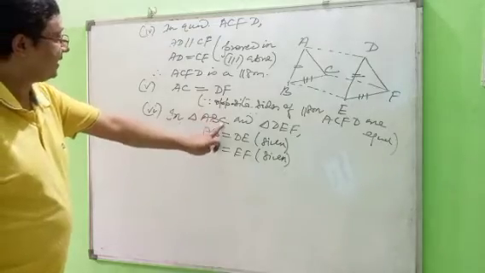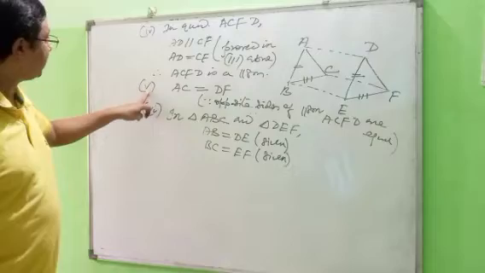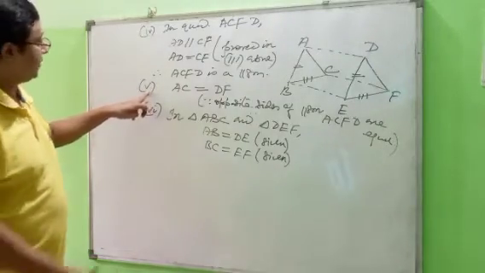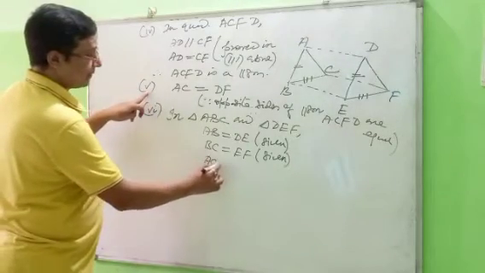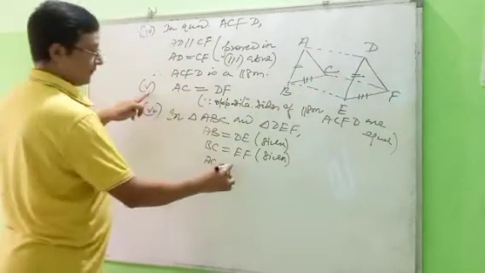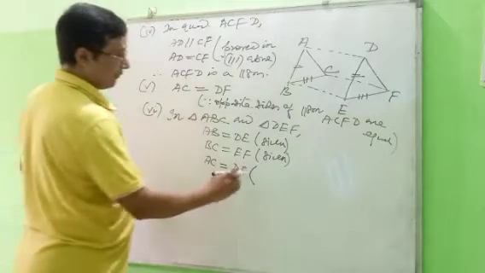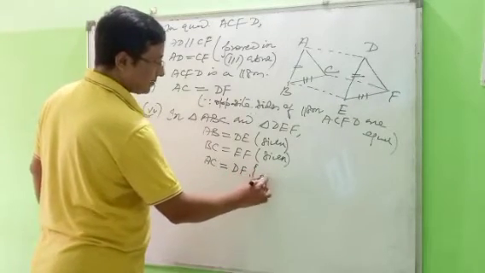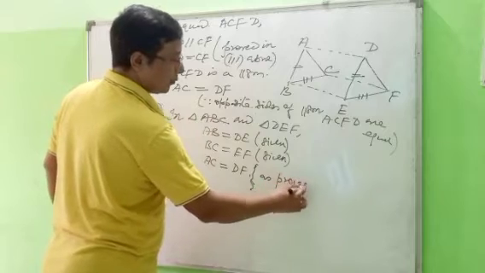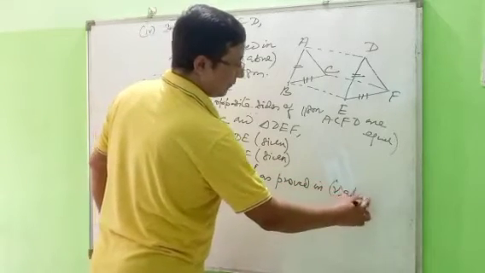So these two are equal because you have proved it in 5. So here AC equals to DF, as proved in 5 above.